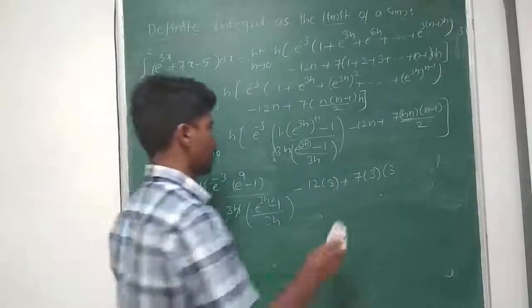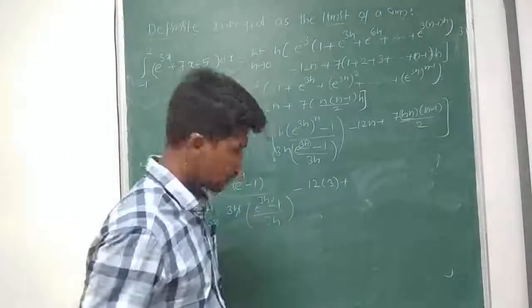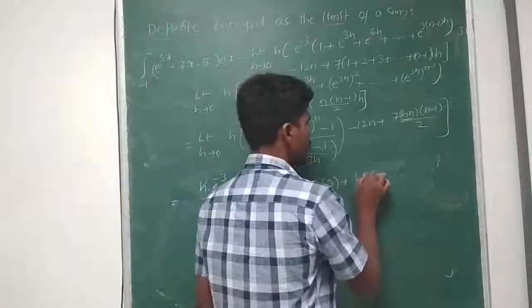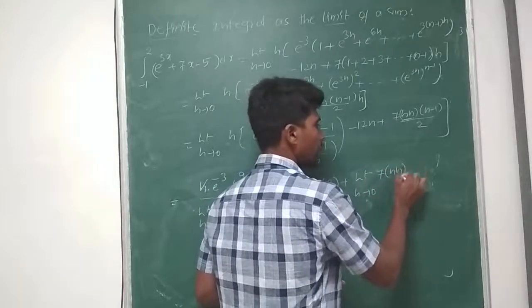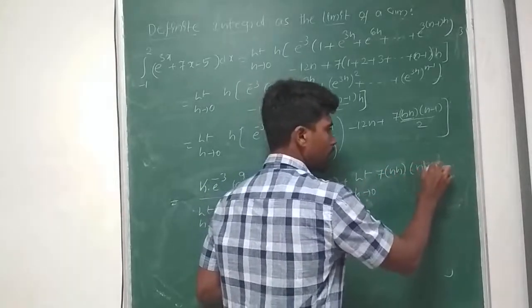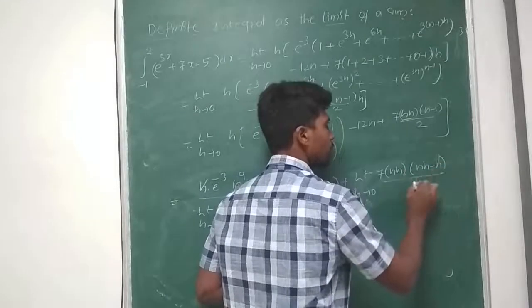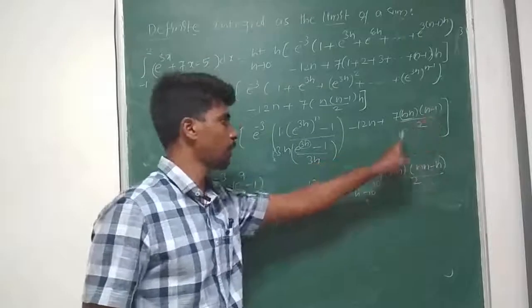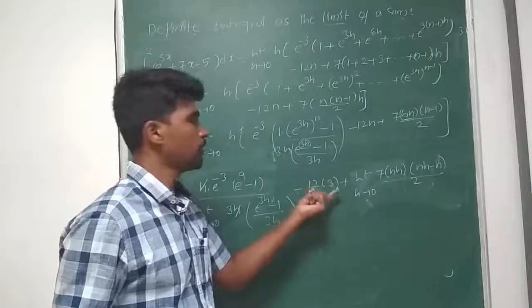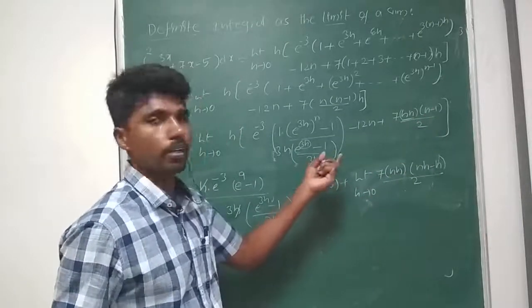Send in limit h tending to 0, 7 into nh into nh minus h by 2. So this h goes inside, we multiply, and we have to apply the limit for this one also. In this particular case the limit is not needed because nh value will be equal to 3.